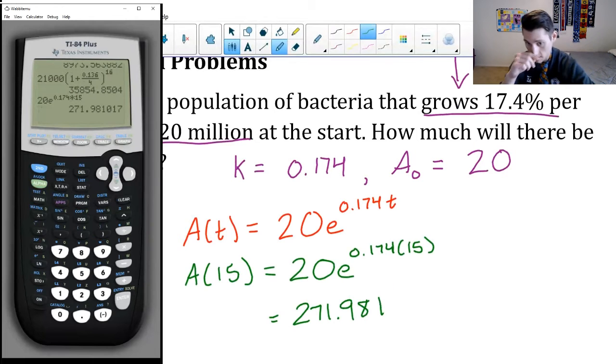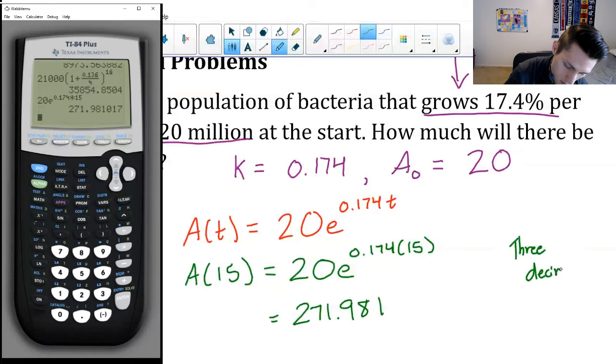271.981. Okay, so for these problems, before, when we were talking about money, we did 2 decimal places. For all the other growth and decay problems that we do, we're going to do 3 decimal places. That'll just be our standard.